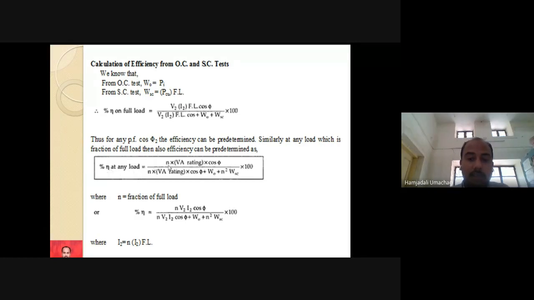N equal to 0.2 indicates I have connected 20% load on the transformer. So for n value, you need to replace it by 0.2, 0.2 square here. Is it clear? If it is full load, n value is 1 everywhere. Is it clear?